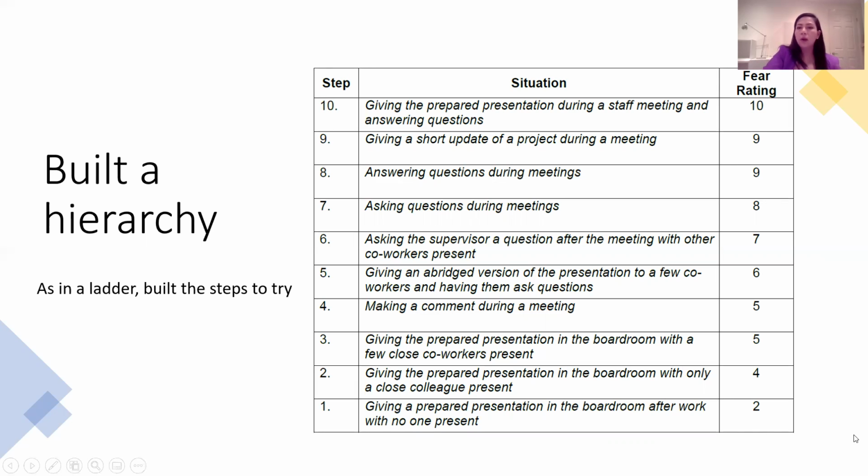Then, making a comment during a meeting, further along, asking a question during the meeting, then answering a question during meetings, and finally, giving a prepared presentation during the staff meeting and answering questions during the meeting.